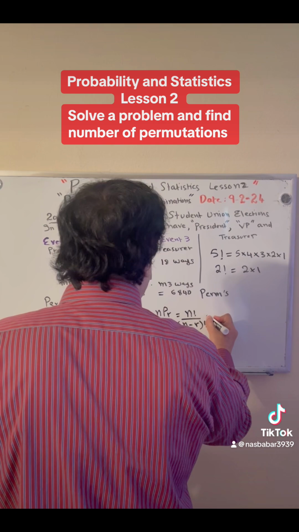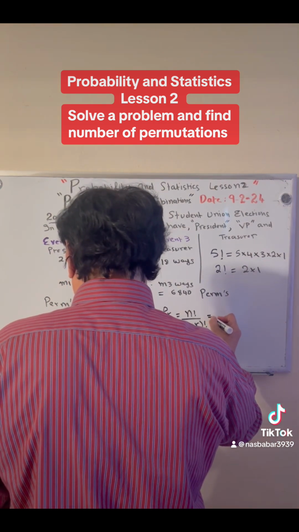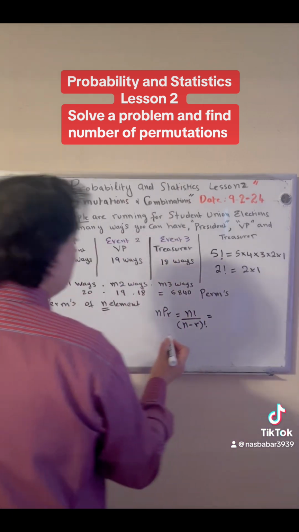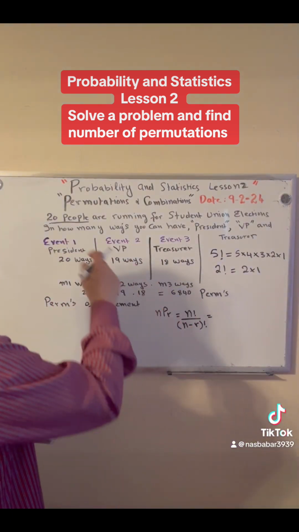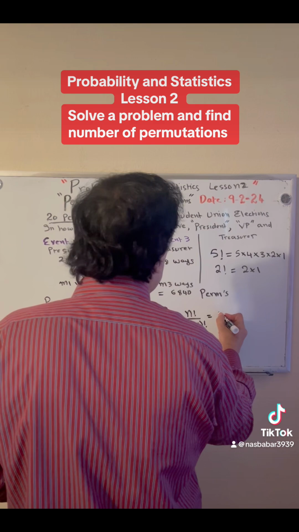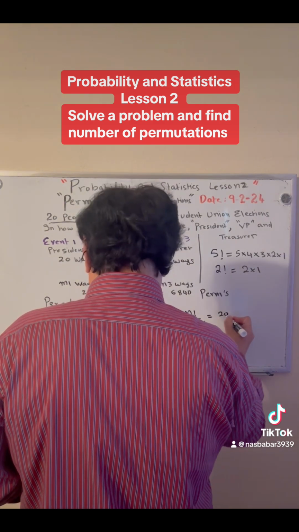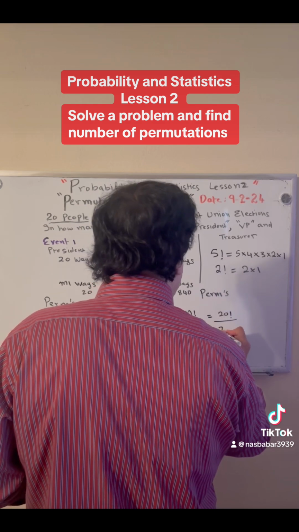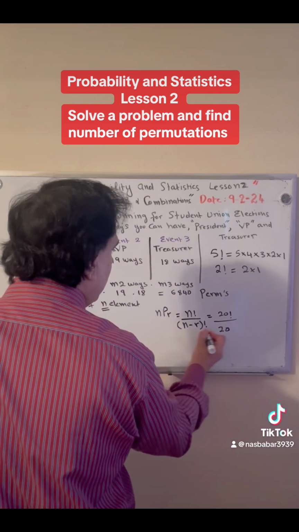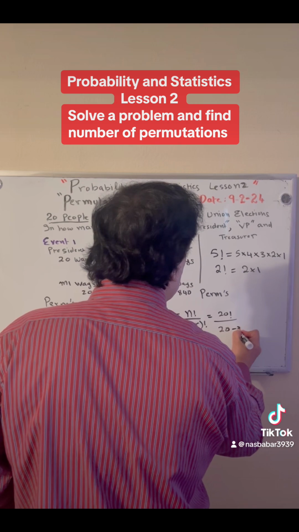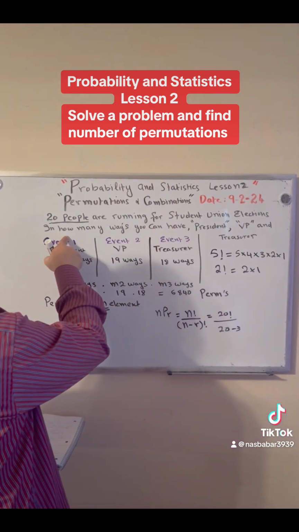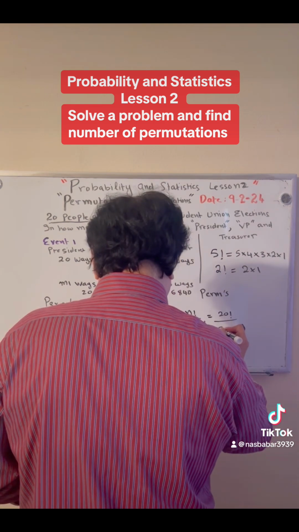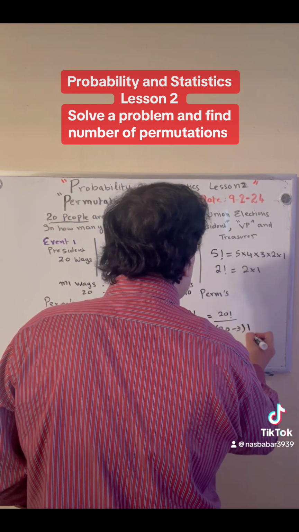So if I do that in this case, how many elements do you have? n represents elements, so it's given as 20. 20 factorial over 20, this is n, minus 3. Remember I told you, 3 is the number of events, and then we take the factorial of that.